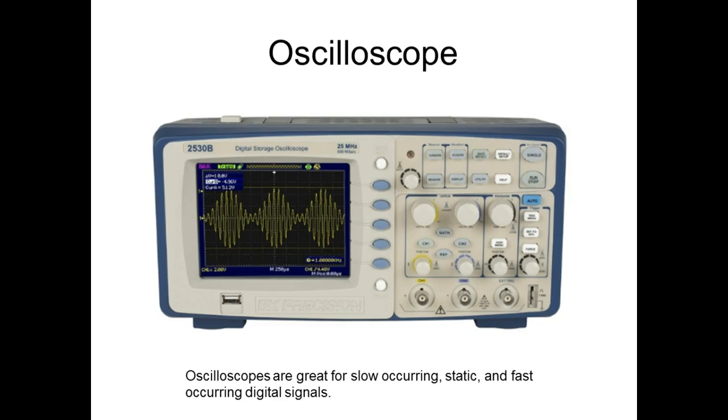What's nice about an oscilloscope is that technically it shows you what is there. It doesn't average things out. It doesn't blink lights. It shows you exactly what's there. So this guy here's got its own power supply.